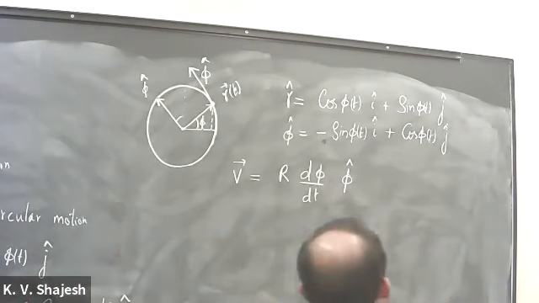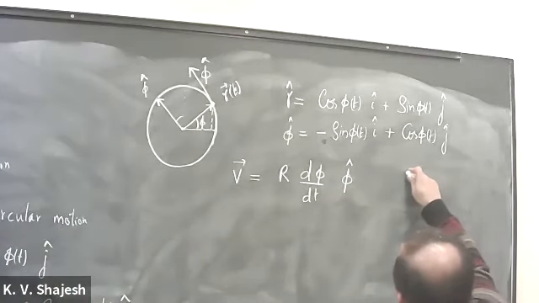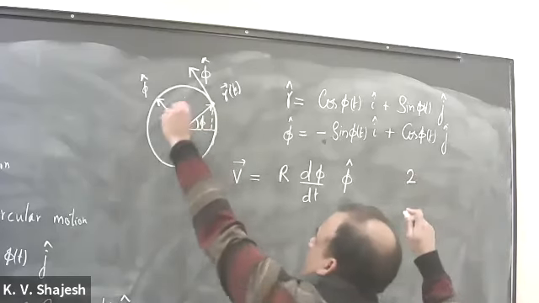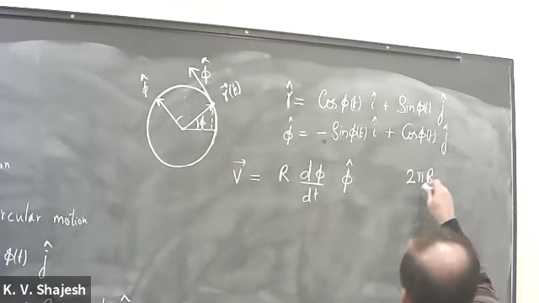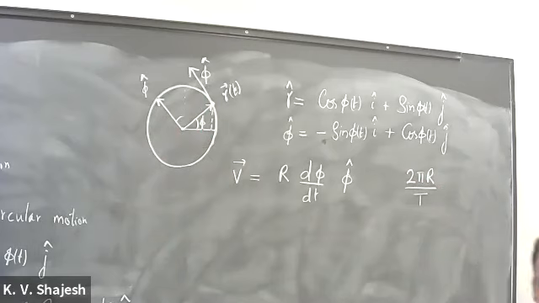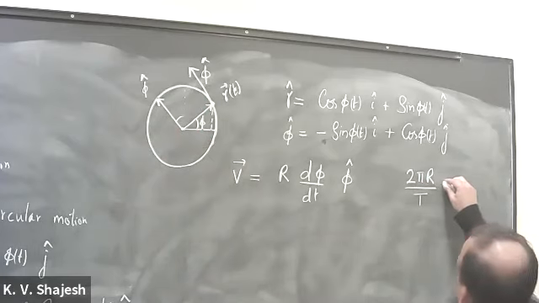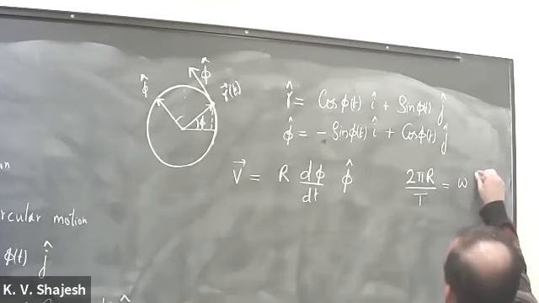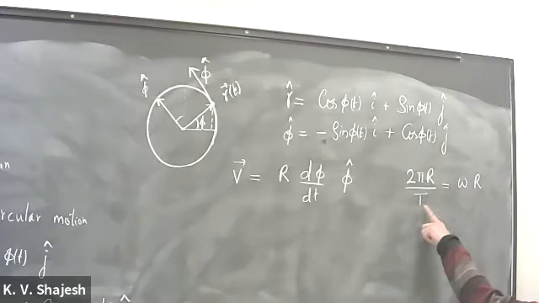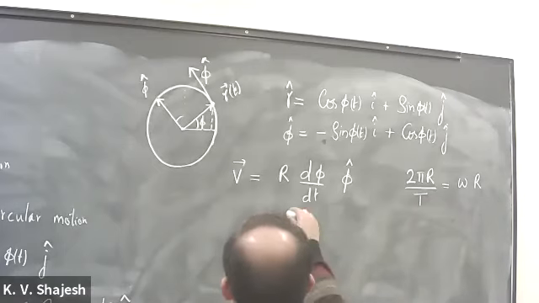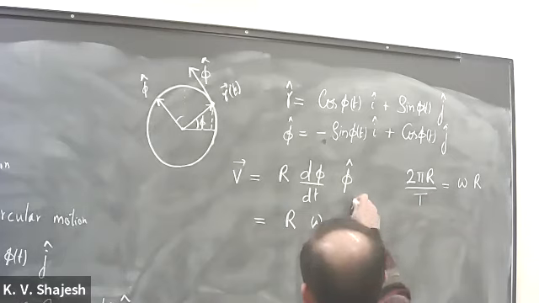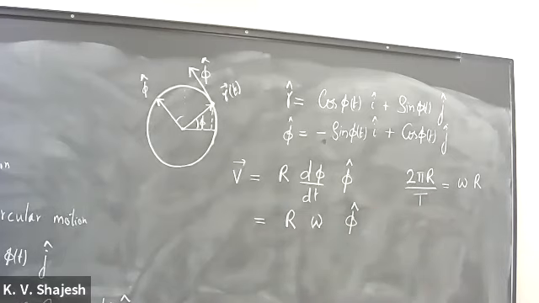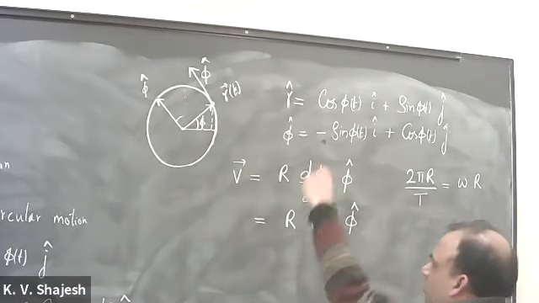If you're going uniformly, that means you will go one circumference, that's 2 pi r, in a certain amount of time, that's a time period. We defined this to be omega times r, where omega was the angular frequency associated with the time period. So in that sense, this is equal to r times omega times phi hat. That's your velocity in uniform circular motion.